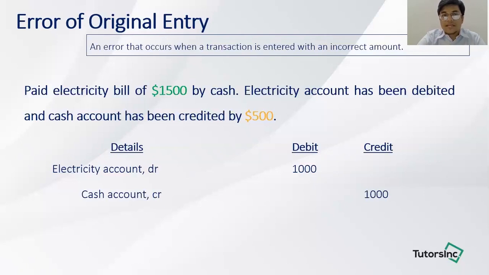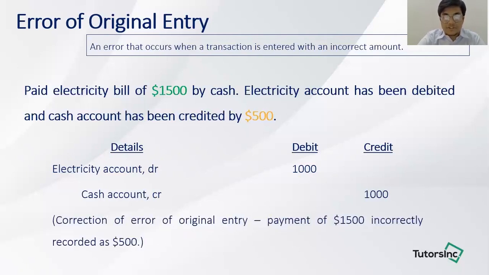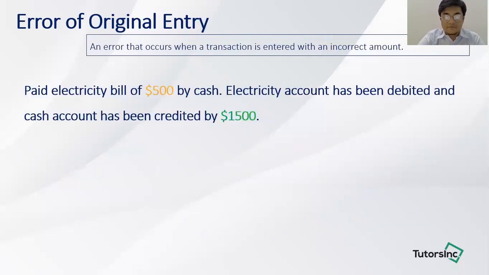So this is how we correct an error of original entry in case the actual amount is greater than the recorded amount. And the narration is going to be: correction of error of original entry. Payment of $1,500 incorrectly recorded as $500. We have just mentioned the name of the error that we have corrected, and what we have actually done, the error that we have made, has also been mentioned.